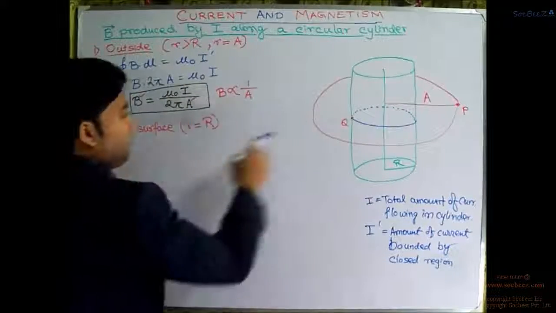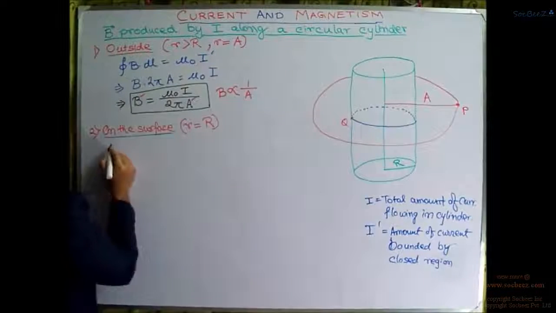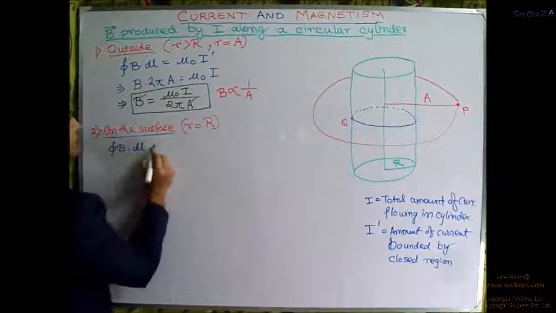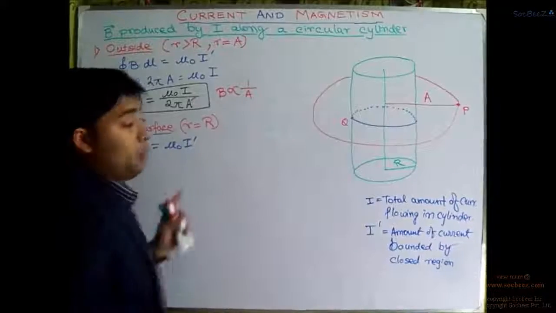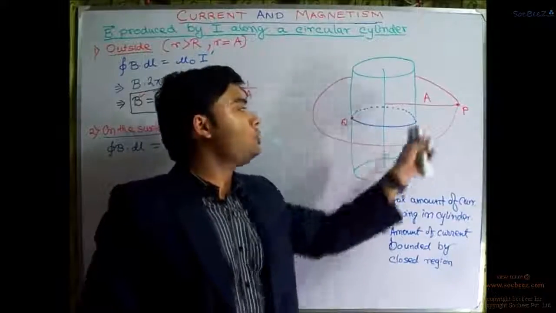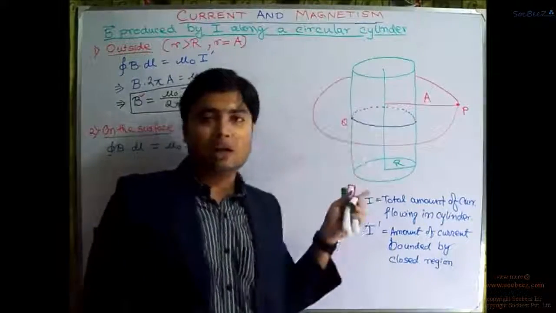So over here, if we apply this Ampere's circuital law, again we shall get it like this, equals to mu naught I dash. Now what is the value of the amount of current bounded by this closed region of this blue circle?